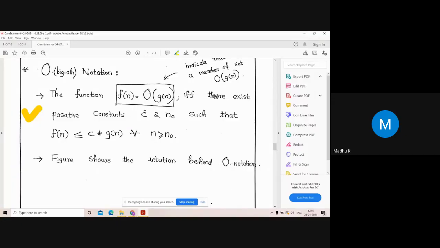F of n is equal to big O of g of n if and only if there exist positive constants c and n0. What is c? We multiply this.